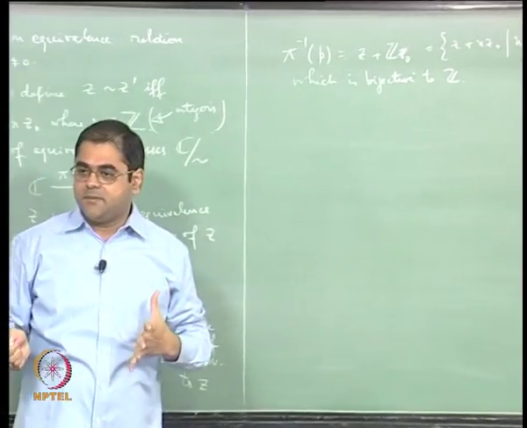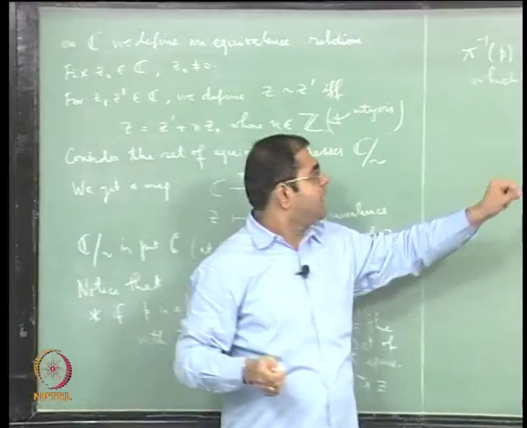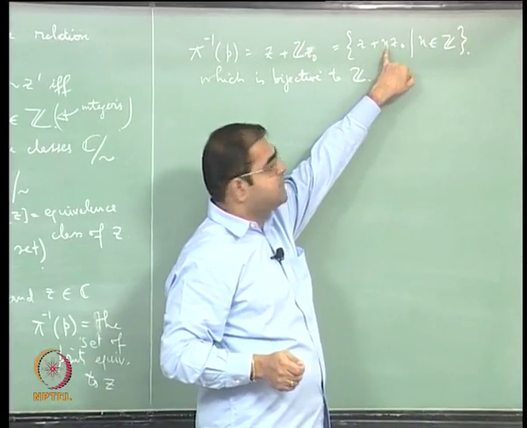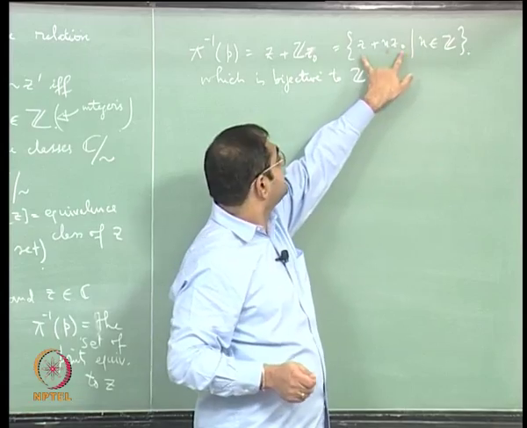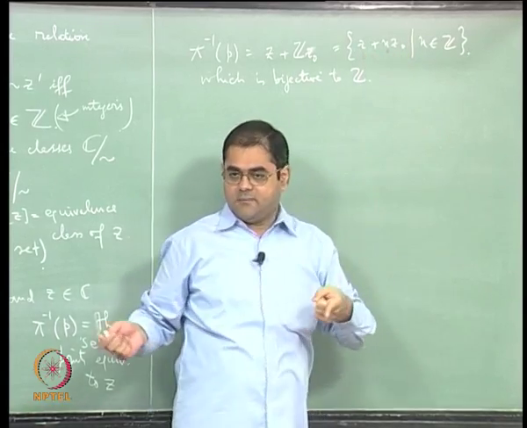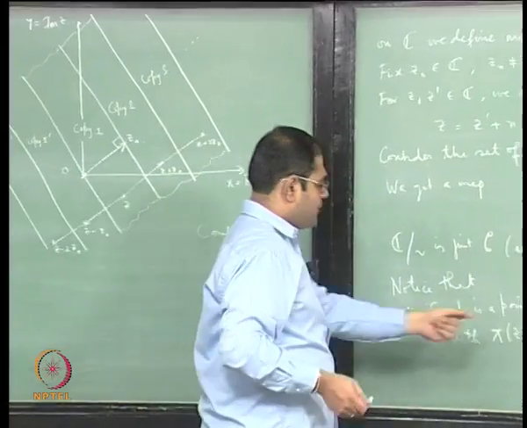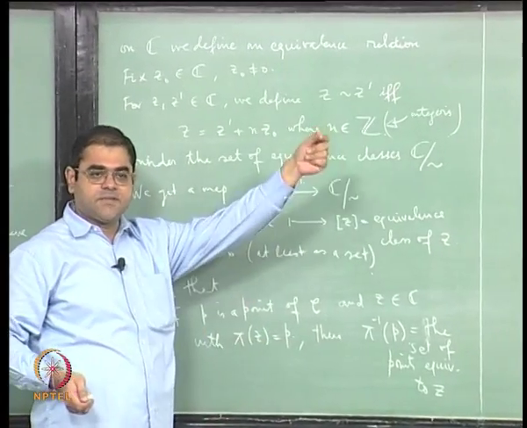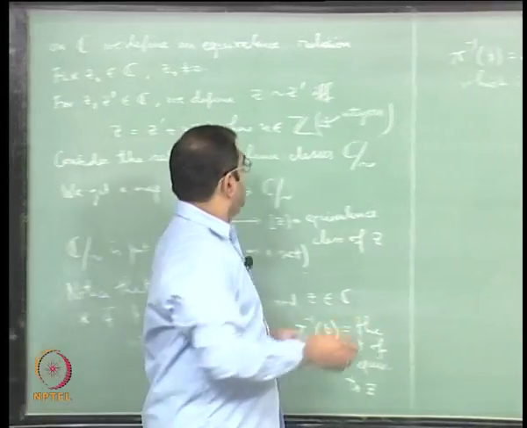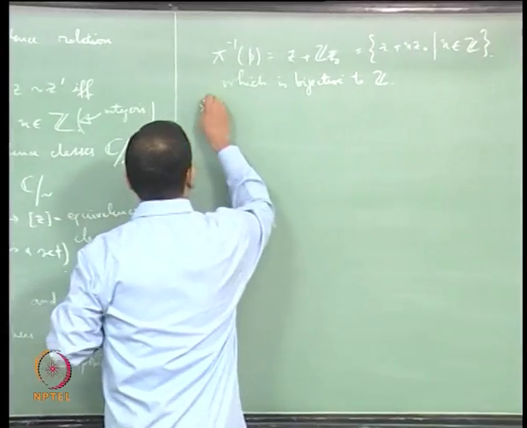It is just a copy of the integers, because I will just map Z plus n Z0 to n. So you take any point, the inverse image is just a copy of the integers. Well, I can generalize this a little bit more.